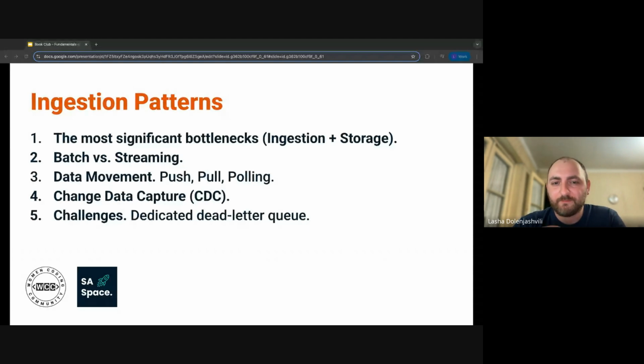We take these records that failed and push them to the dead letter queue. It's a dedicated storage where we then analyze these failed records and make decisions. For example, we can correct our pipeline and then rerun the process for the records that went to this dead letter queue.